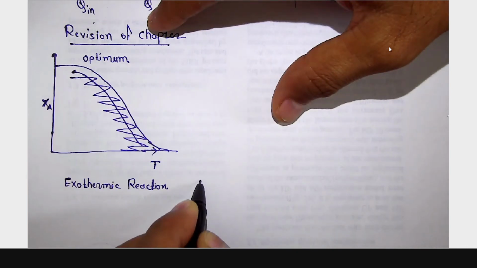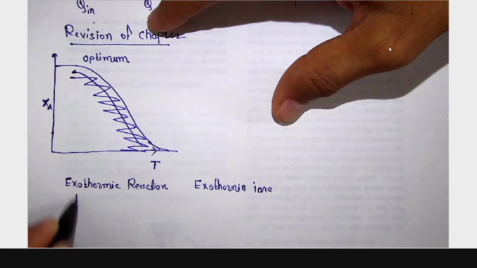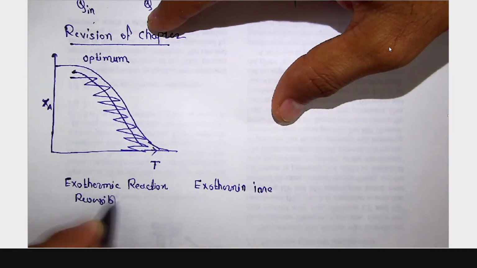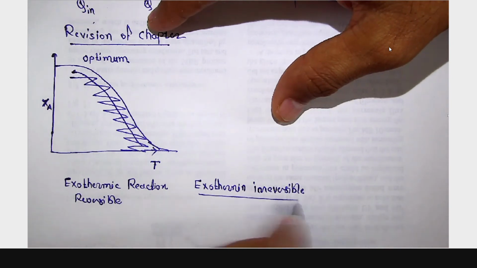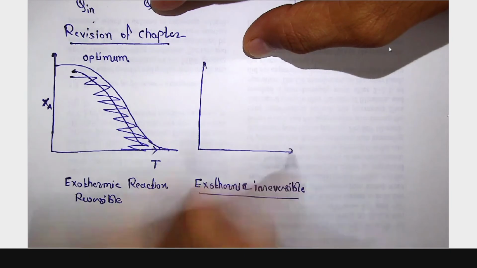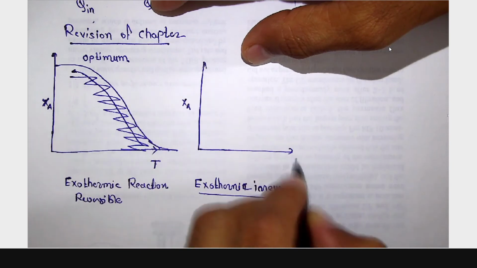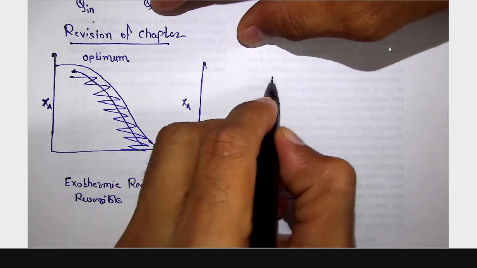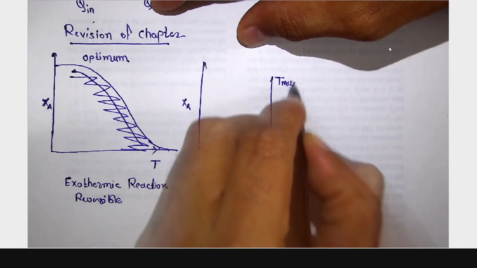And if you are going for exothermic, this is for reversible exothermic reaction. If it is irreversible, you may have to operate at a constant temperature, so that one is at T max, the maximum operating temperature.